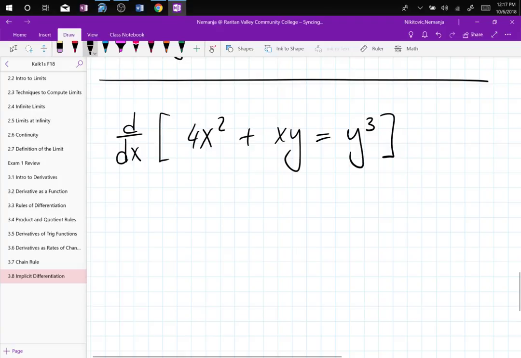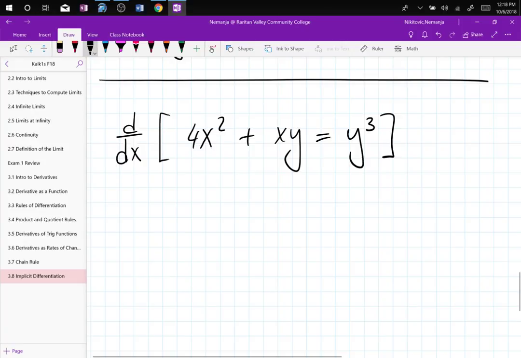What's fun about this one? Can anyone tell me what's fun about this problem? Why is that something that might be fun? Can't split them up. They're multiplied. It's tough to find the x and the y in terms of both of those variables in that one.